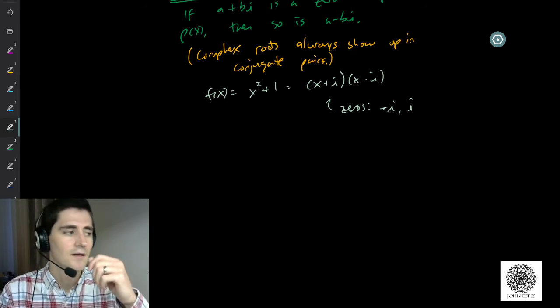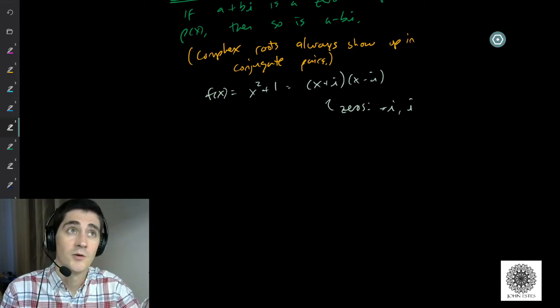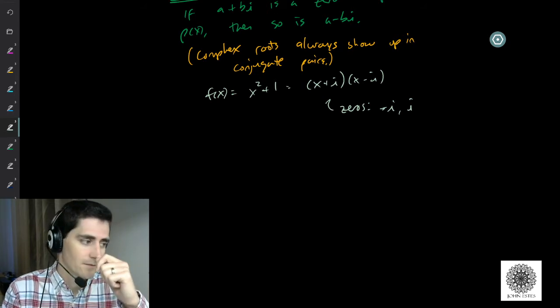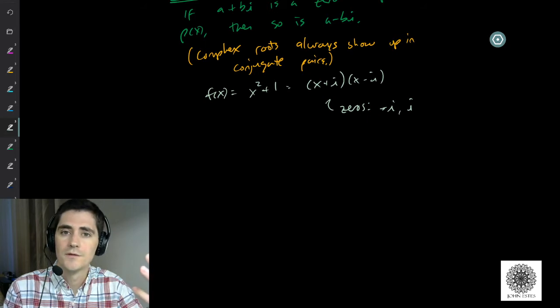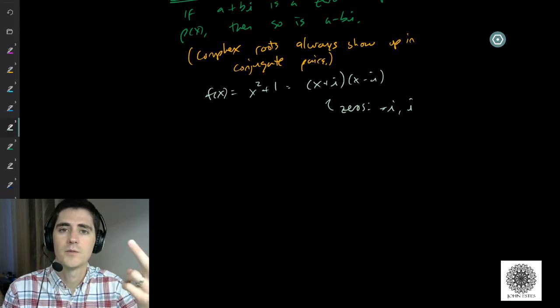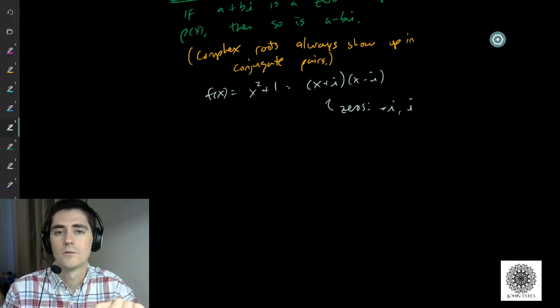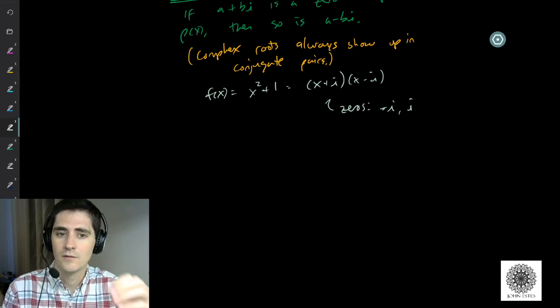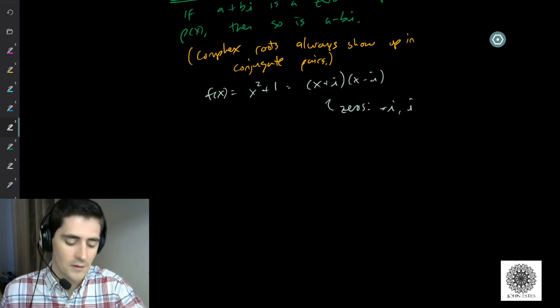So that tells me for a third degree polynomial, let's think about it. What are the possibilities? You could either have 3 real roots, or if you have one complex root, you're going to have 2 complex roots. So that means you're either going to have 3 real roots or 1 real root, right? A third degree polynomial always has to have at least 1 real root.